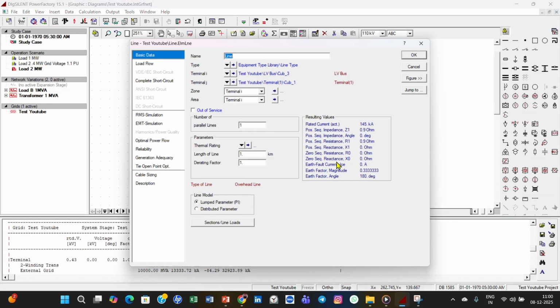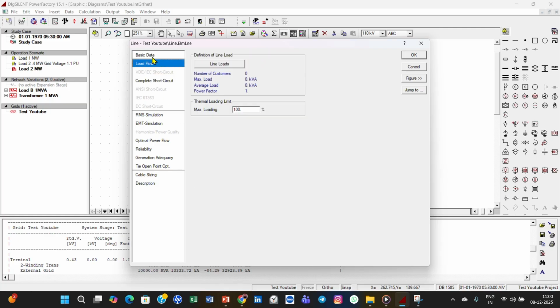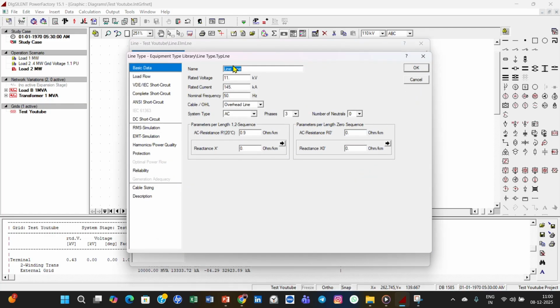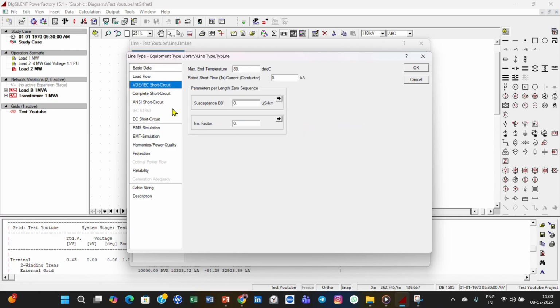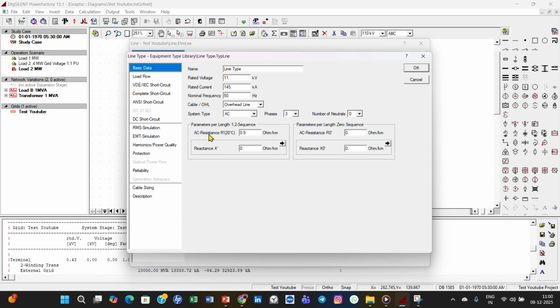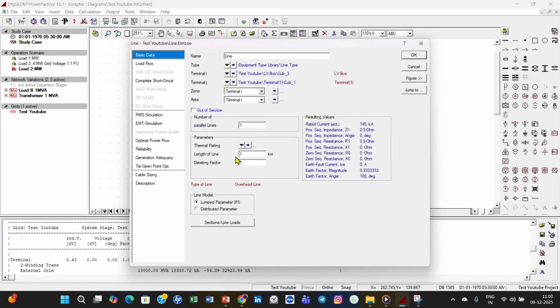You can go to the type, and in the type you can define the parameters per unit, like the positive sequence and negative sequence, and the zero sequence impedance, zero sequence components, and you also have to define the line length.